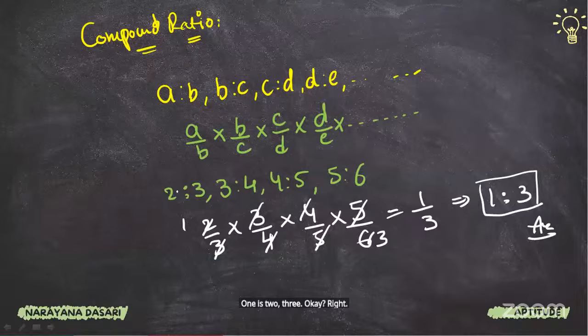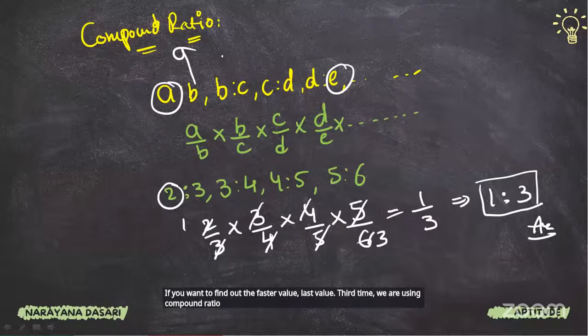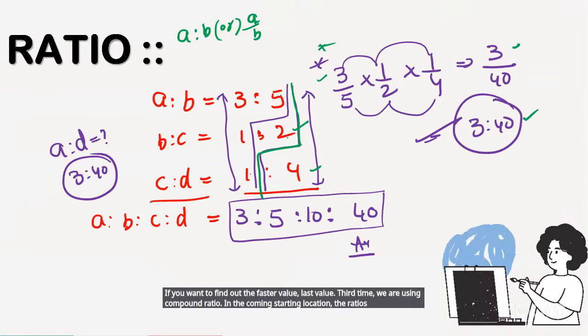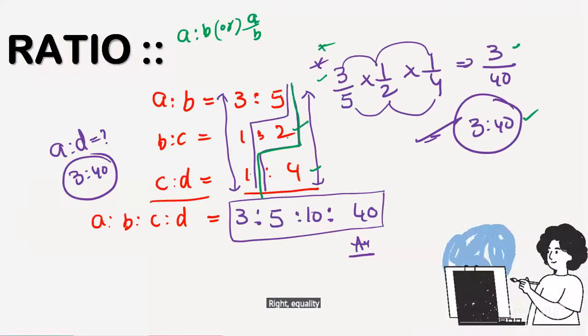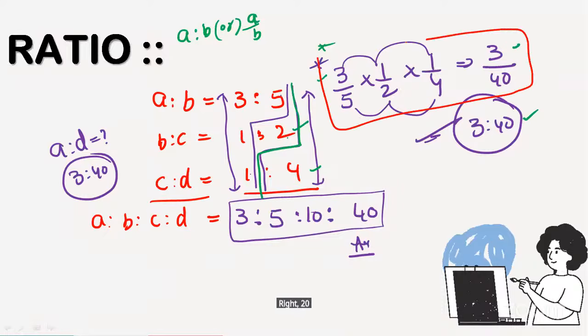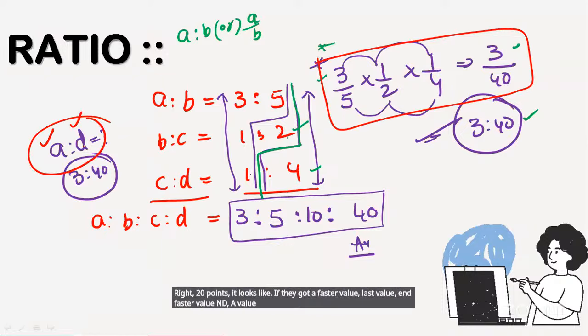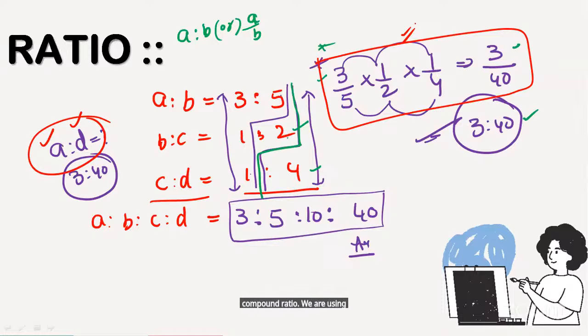If you want to find out the first value, last value, that time we are using compound ratio. ఇందాక మీకు స్టార్టింగ్ లో చెప్పాను రేషియోస్ ఫైండ్ అవుట్ చేసినప్పుడు ఈ పాయింట్ ఇక్కడ యూజ్ చేస్తాం మనం కాంపౌండ్ రేషియో పాయింట్ ని. ఫస్ట్ వాల్యూ ఏంటి ఏ వాల్యూ, లాస్ట్ వాల్యూ ఏంటి డి వాల్యూ. ఫస్ట్ వాల్యూ లాస్ట్ వాల్యూ ఫైండ్ అవుట్ చేయాలంటే we are using compound ratio.